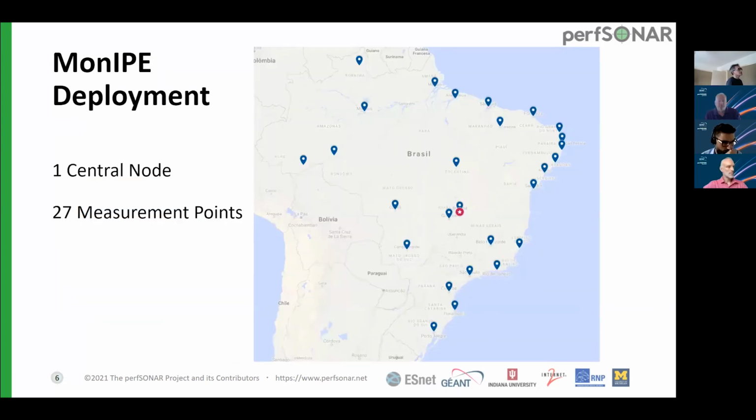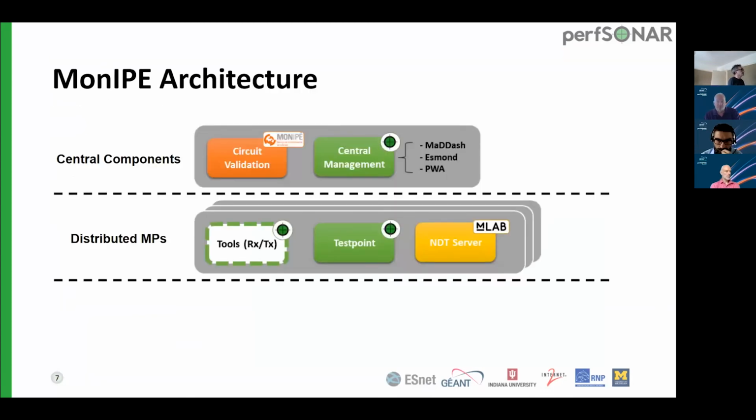In our current deployment, we have a central node for managing our 27 measurement points, one at each point of presence, and we use that to create a full mesh of measurements for latency, throughput, and traceroute. So the service architecture, as I said: other than perfSONAR, which are the green boxes, we have the central management in a VM in a central place.